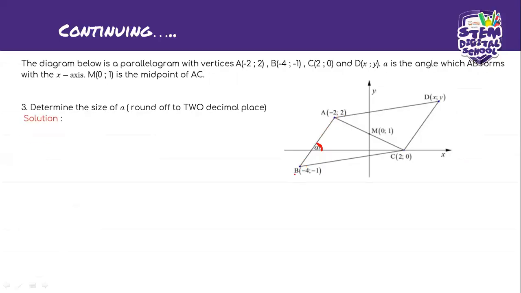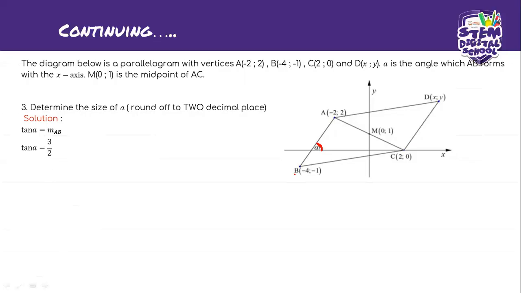Now let's see how do we calculate that. First, you are going to start with your formula, which is tan theta equals the gradient of which line? AB, right? Then let's proceed.